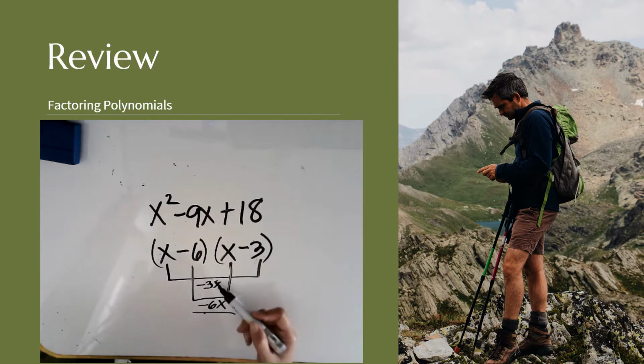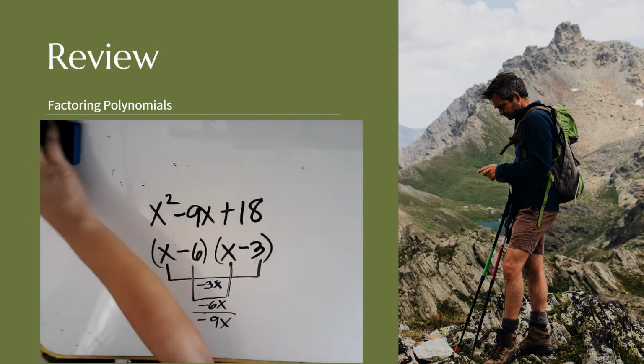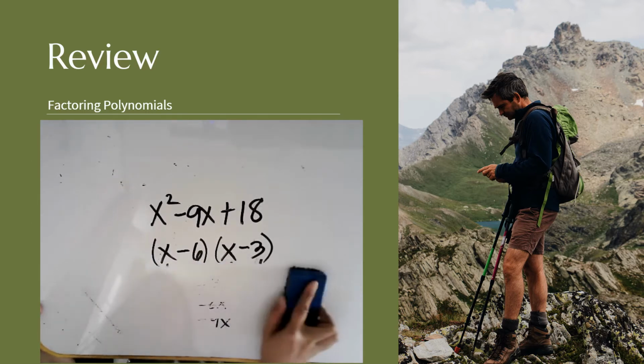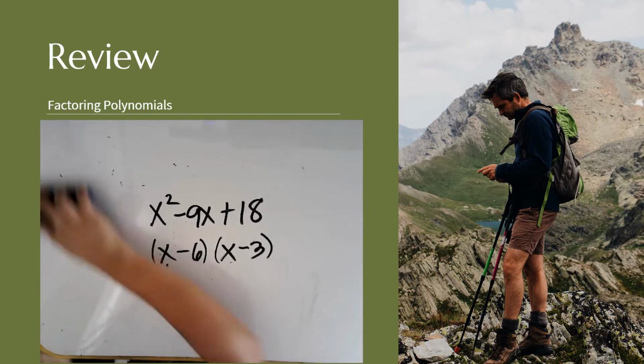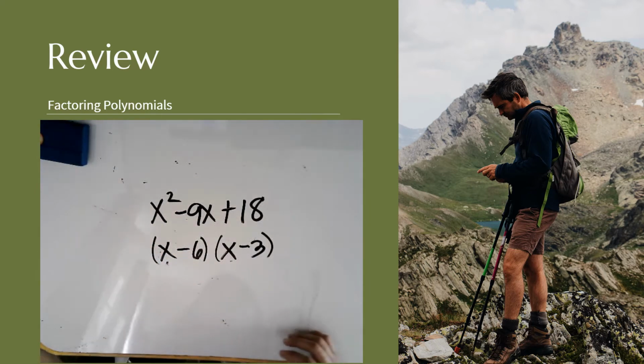Finally, adding these, negative 3x plus negative 6x will give us negative 9x, which is the given middle term. So our factors are correct. The factors are x minus 6 and x minus 3.